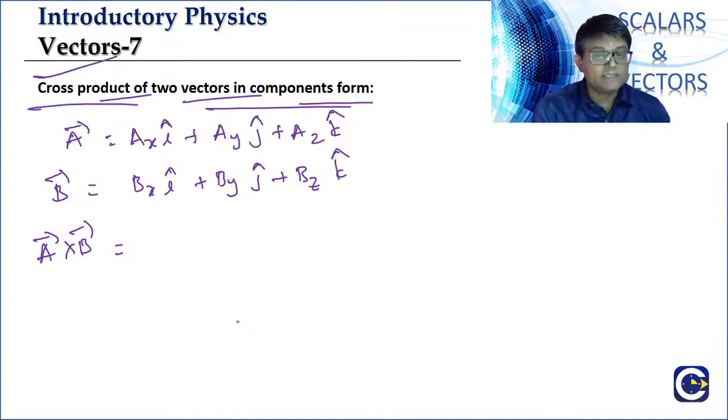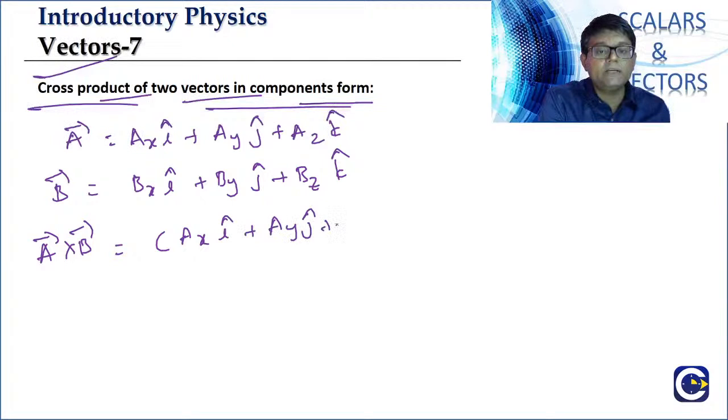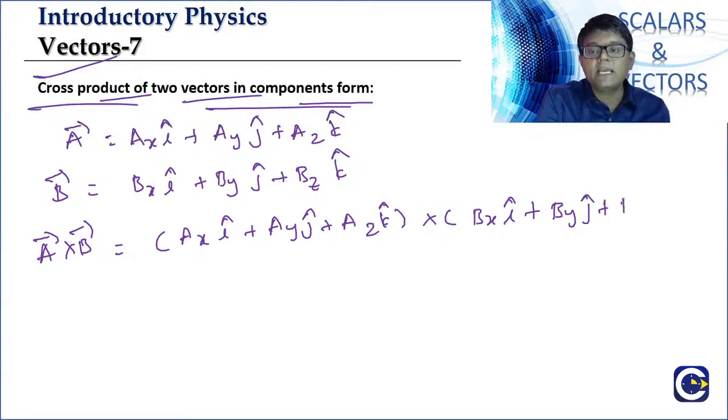What are the three things? Distributive law, associative law and then the cross product relation between I cap, j cap and k cap. So look at this, guys. What is a bar? Ax into I plus ay into j plus az into k cross bx into I plus by into j plus bz into k.